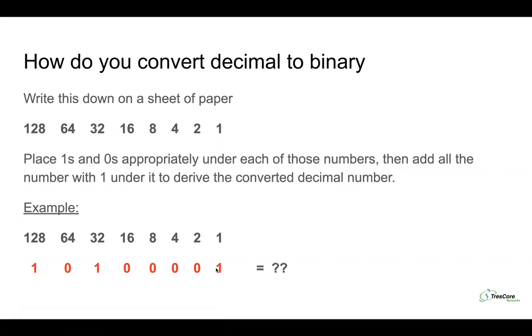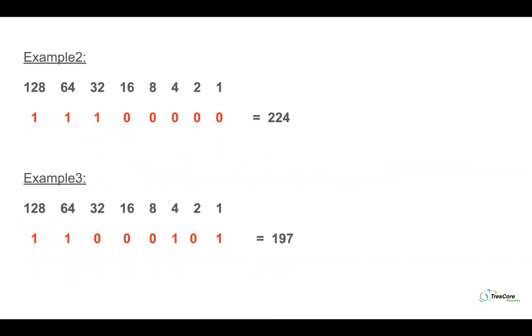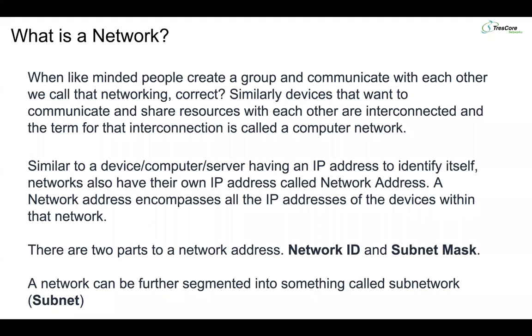So that's how we quickly find out. Okay, we don't have to spend too much time on that. That's just an example, right? It's not a big deal to find out, but if you're in an exam, you still need to quickly find out. So writing those 1, 2, 4, 8, 16, 32, 64, 128 helps you.